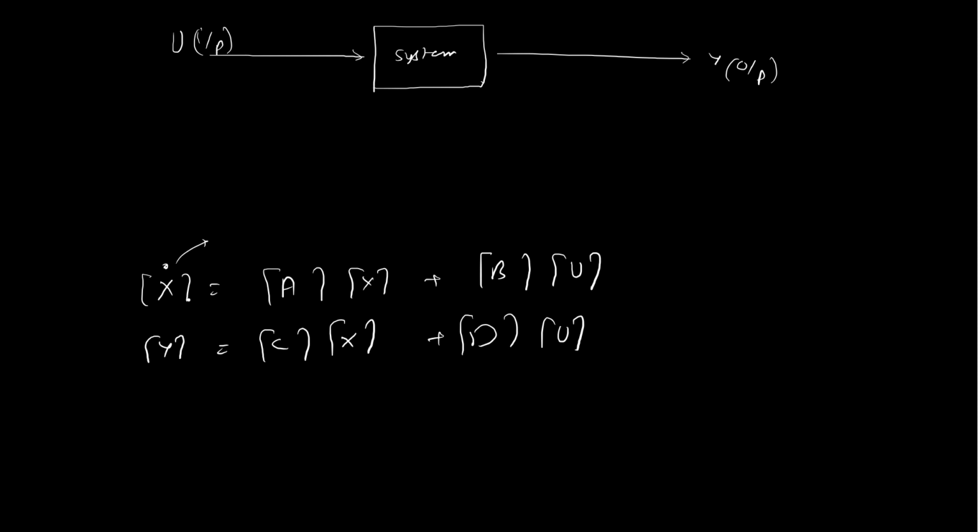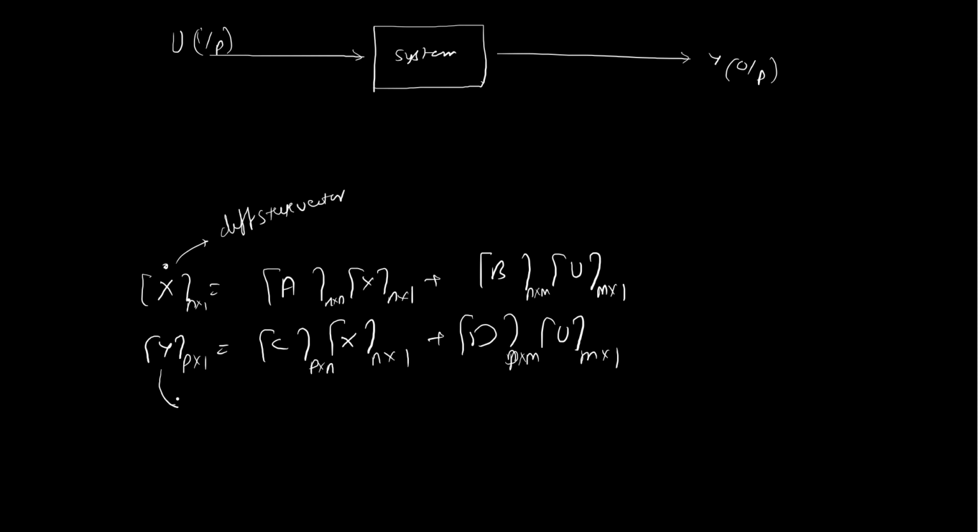This is n cross 1, so that is n cross n, n cross 1, and here n cross m, m cross 1, p cross 1, p cross n, n cross 1, and p cross m, m cross 1. So this is the differential state vector.